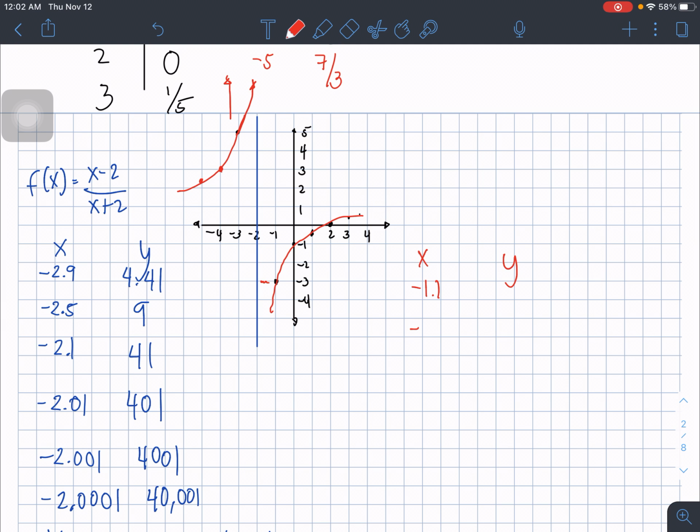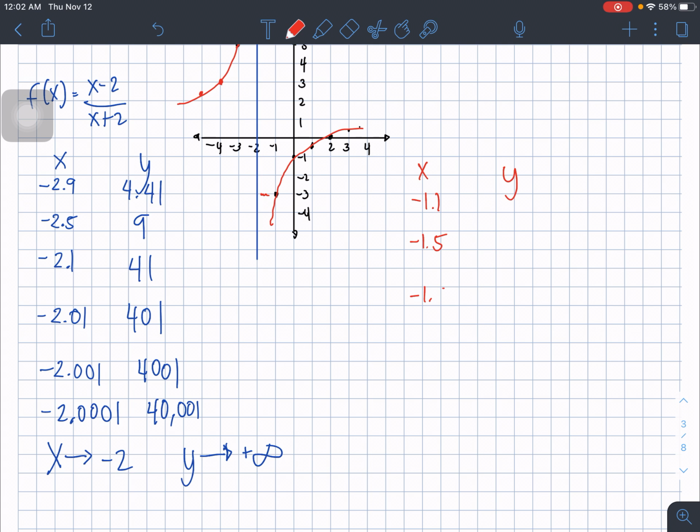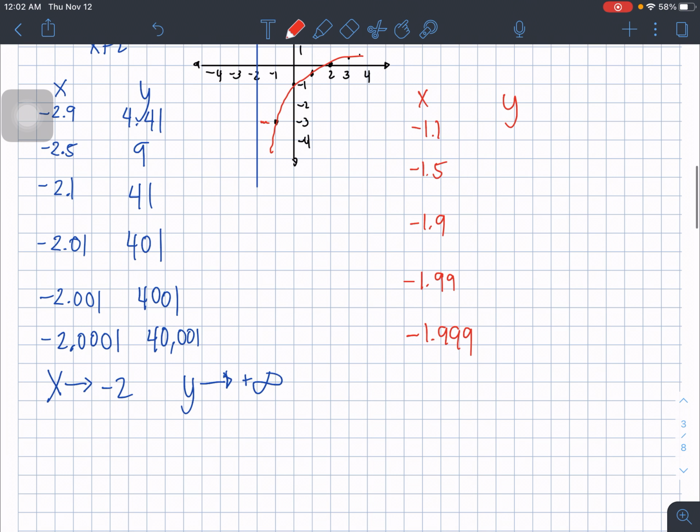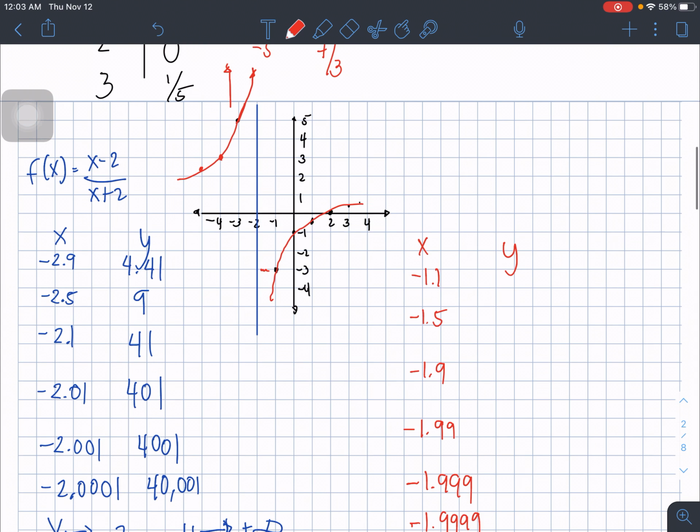Then negative 1.5, negative 1.9. So let's try to close this out. This is already 0.1 away from negative 2. So let's try negative 1.99, negative 1.999. Okay, and another one, negative 1.9999.